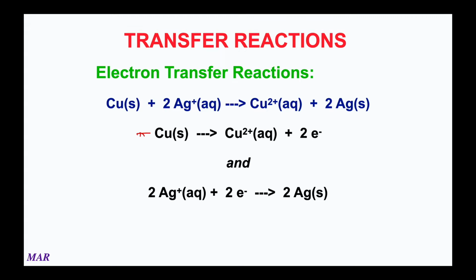Copper 2 plus is created and 2 electrons are products. So copper literally is giving up 2 electrons. In the other reaction, you should have a chemical taking the electrons that are given. In this reaction, 2 silver pluses are taking those 2 electrons to make the 2 silver metal atoms. So in half reactions, you should see one chemical species giving up electrons and one chemical species taking the electrons. With that, in the overall reaction, when you combine them, you won't see any of the electrons at all.